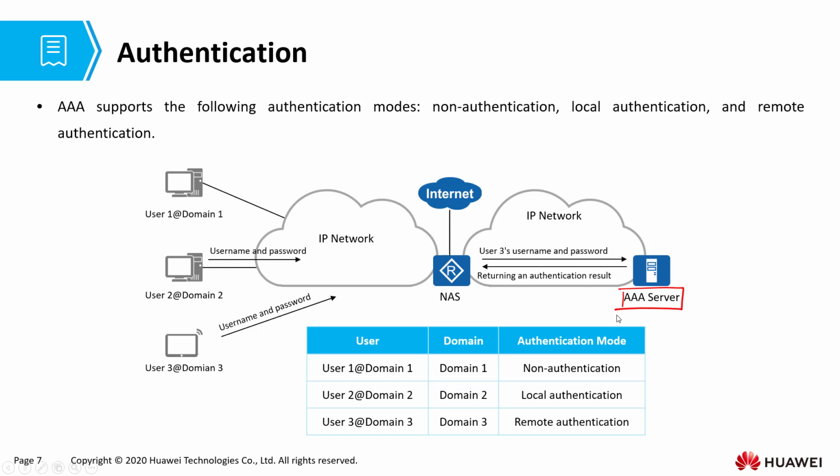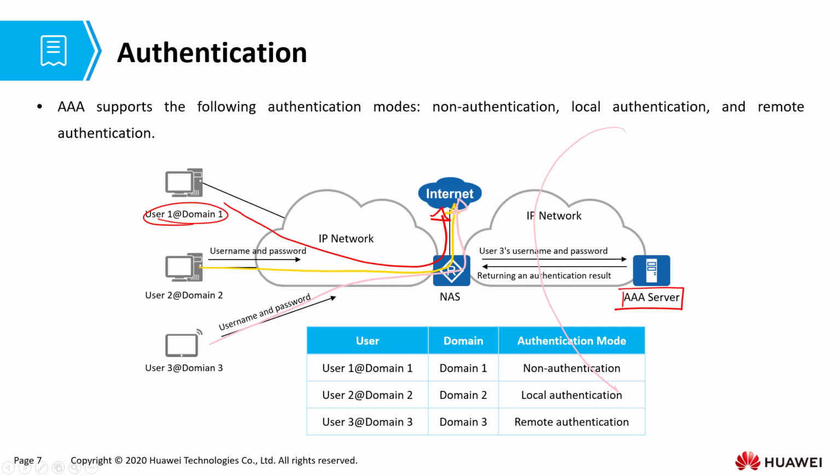Look at this network. User 1 accesses the network like that. User 2 accesses the network like that. And user 3 accesses the network like that. See, all users are accessing the network off of the authentication server, the AAA server. That's why we call it remote.